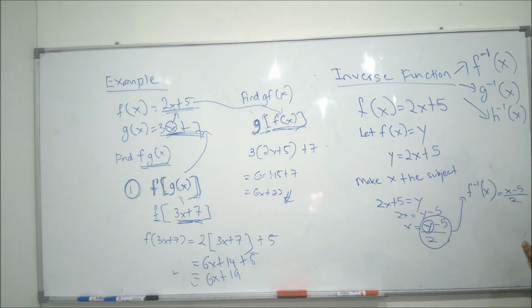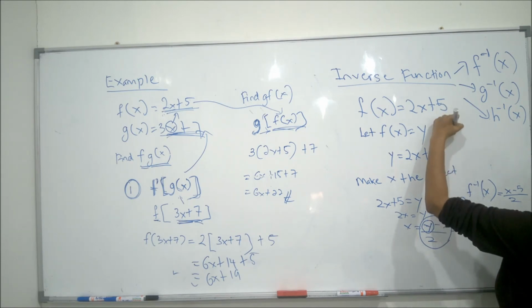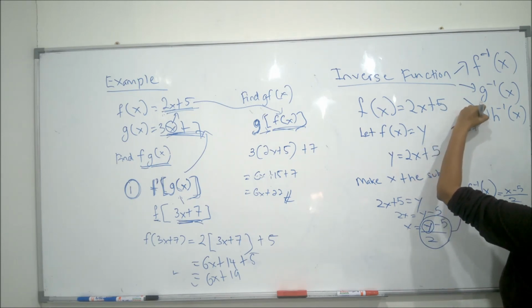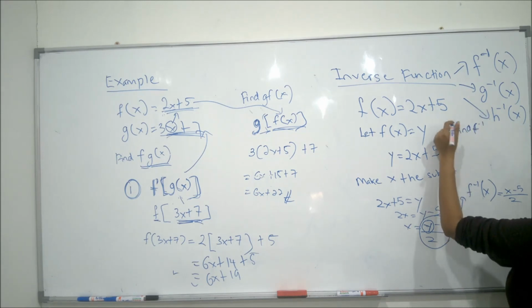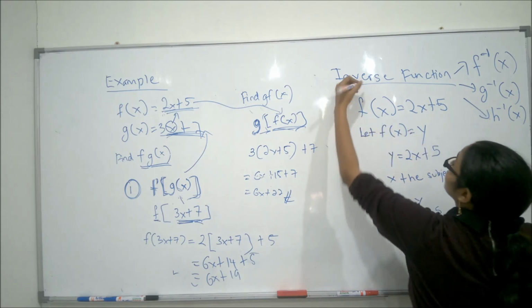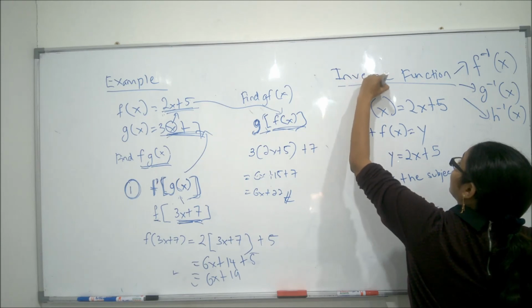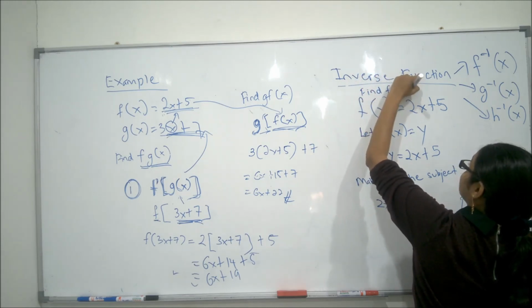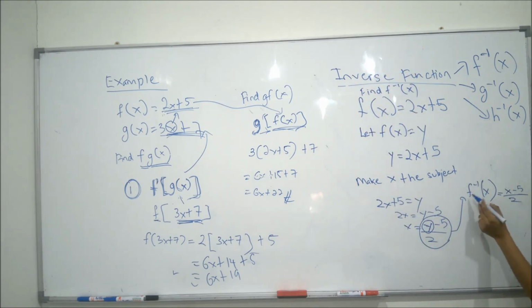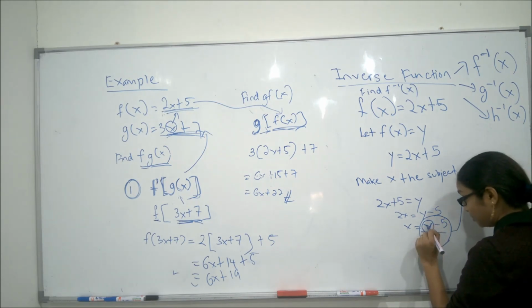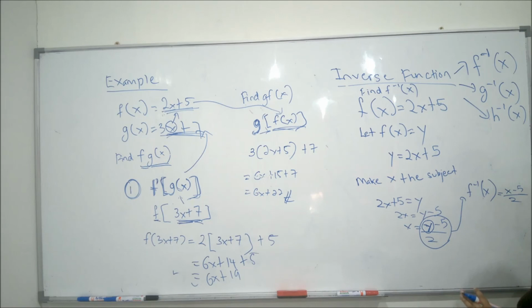Because I'm not finding the function of y, but I'm finding the inverse function of x. Therefore, we didn't write the question in case you're confused. Find f negative 1 x. There, got it. So f inverse is actually x minus 5 over 2. I have just changed this alphabet back again to x.